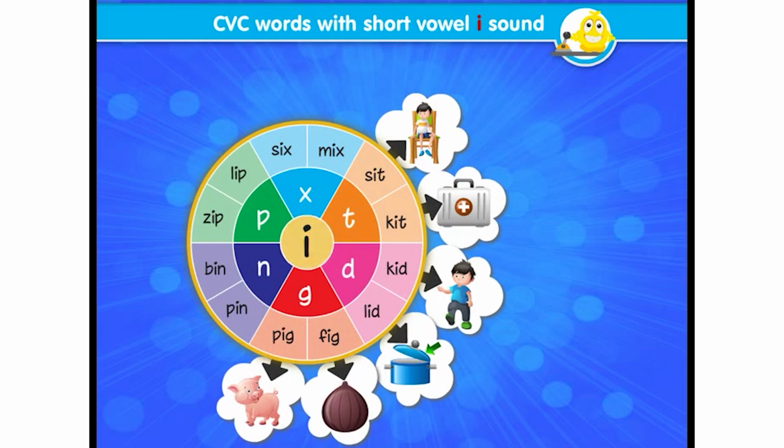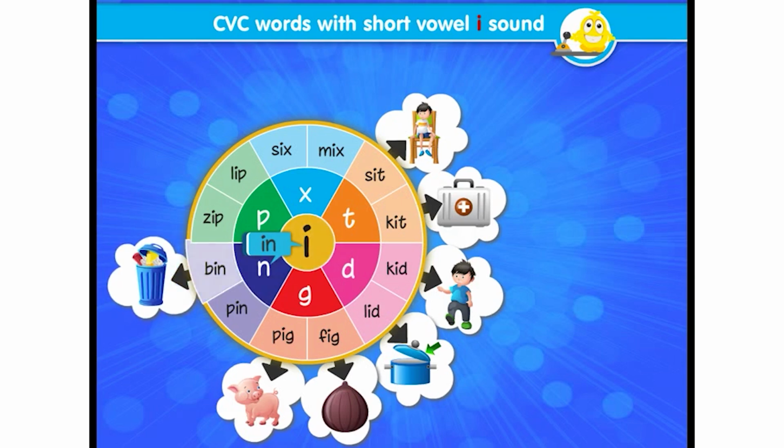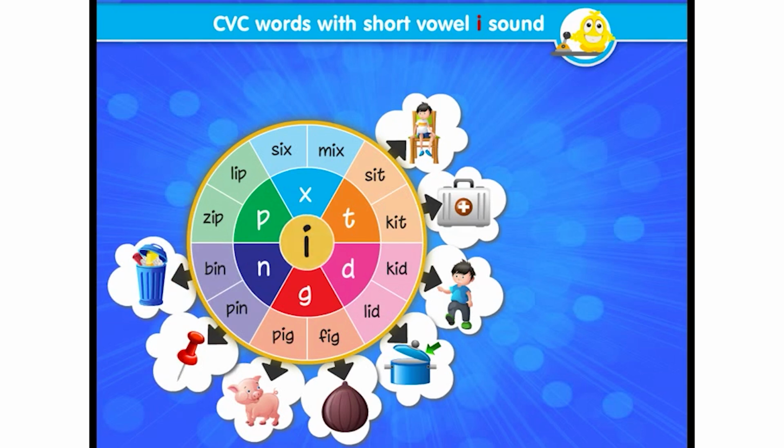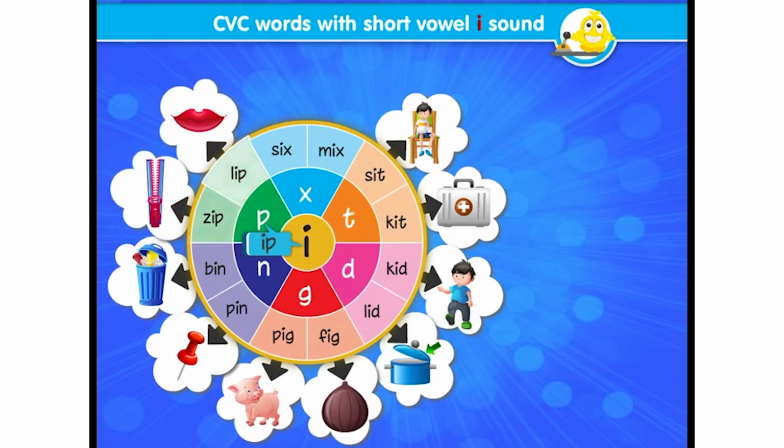I and N makes in, as in bin and pin. Bin and pin are rhyming words. I and P makes ip, as in lip and zip.